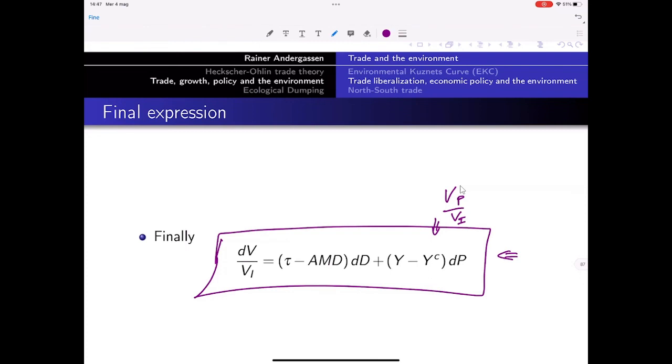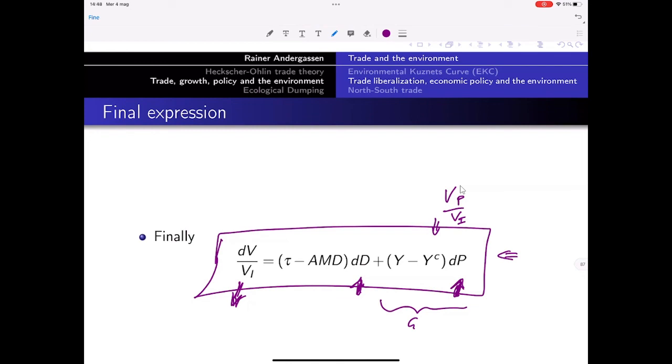Now we're ready to interpret finally this result. This expression is quite simple. The left-hand side tells me the change in utility if there is a change in pollution and in prices. The second part here is gains from trade.